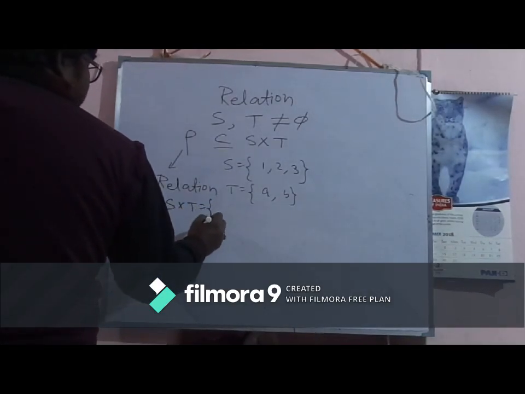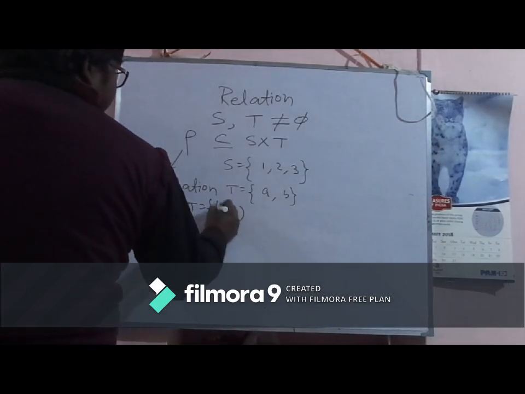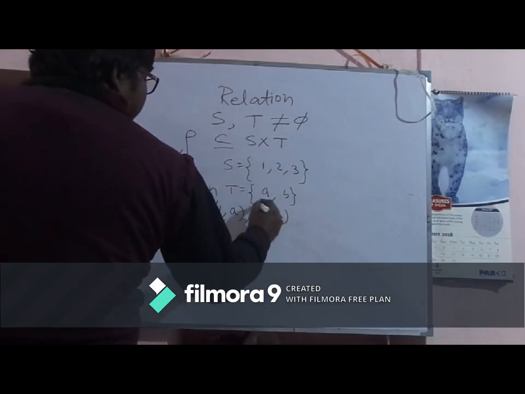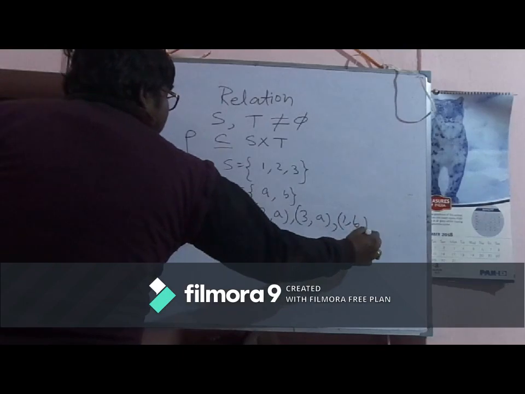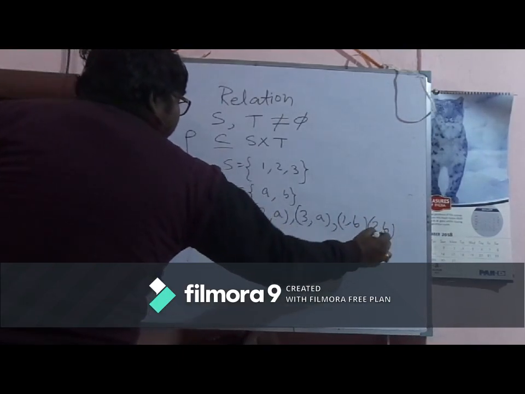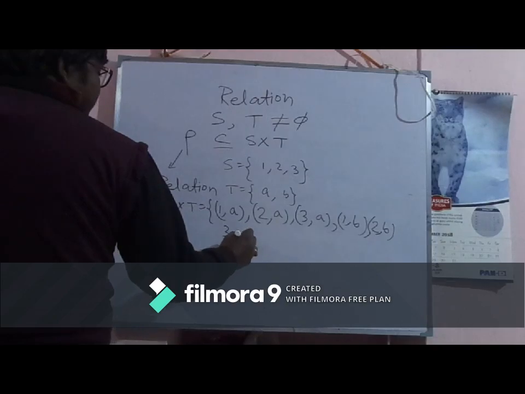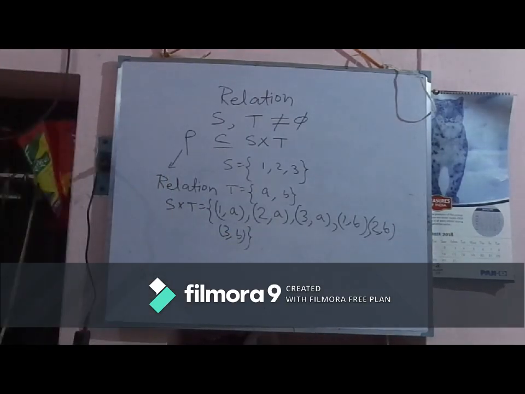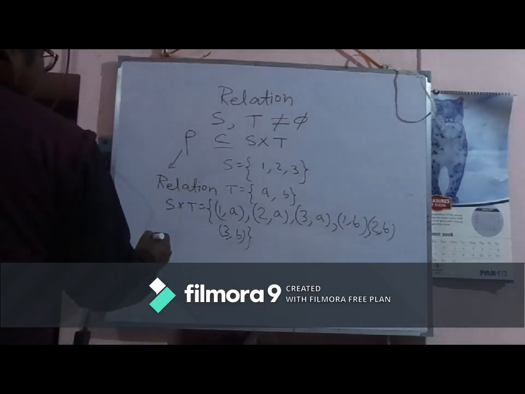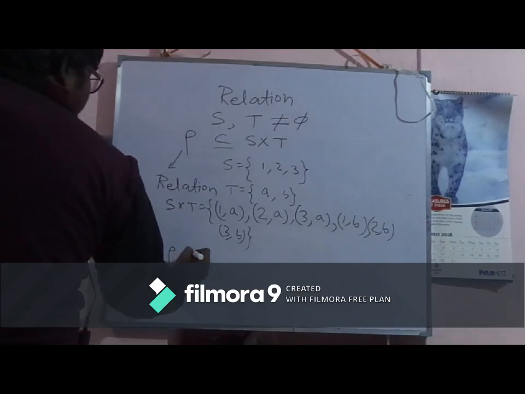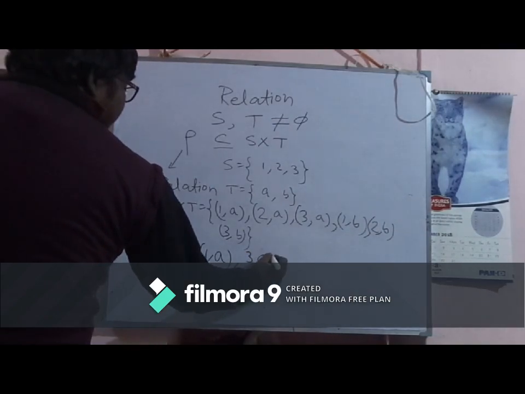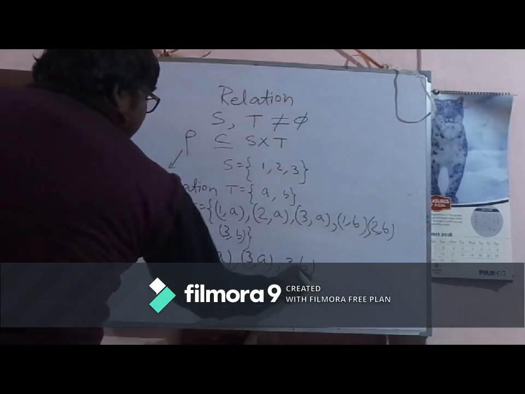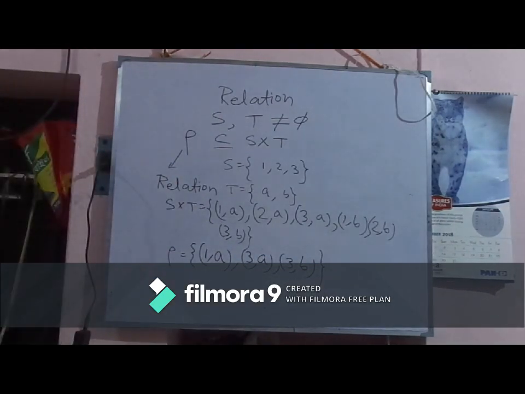That is, S cross T is 1A, 2A, 3A, 1B, 2B and 3B. Any subset of S cross T is called a relation between S and T. For example, if we take rho equal to {1A, 3A, 3B}, this is a relation between S and T.